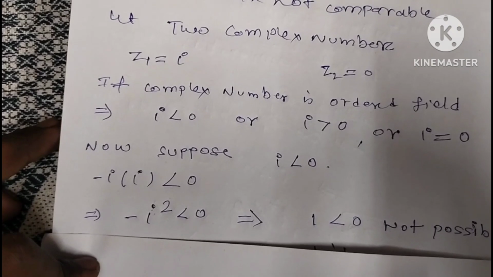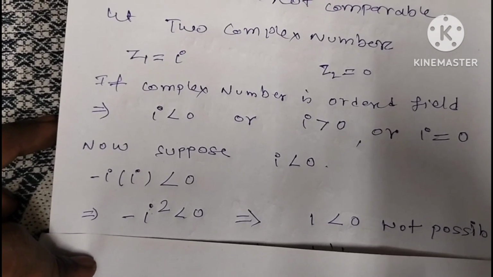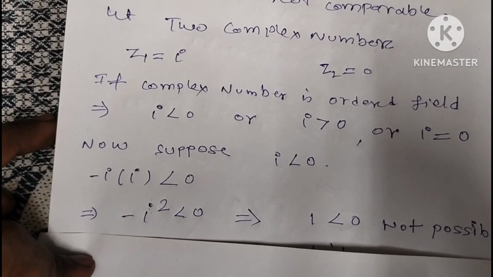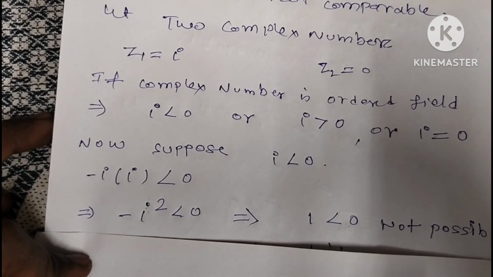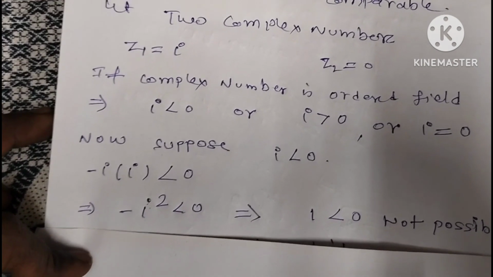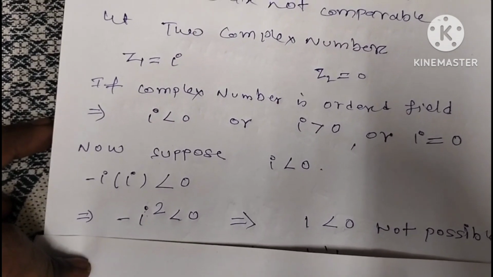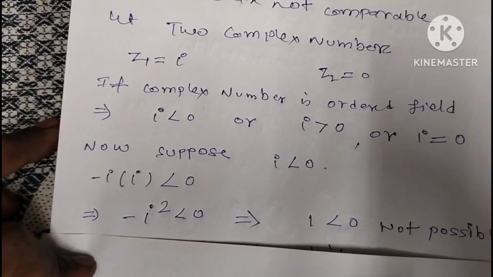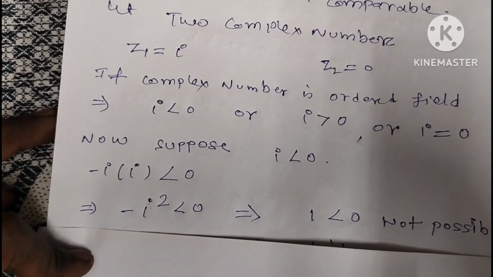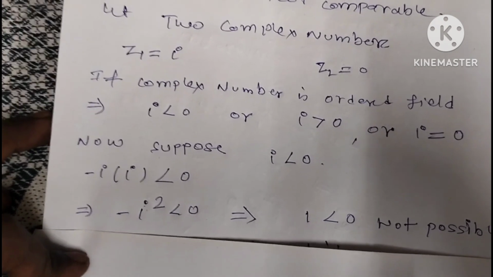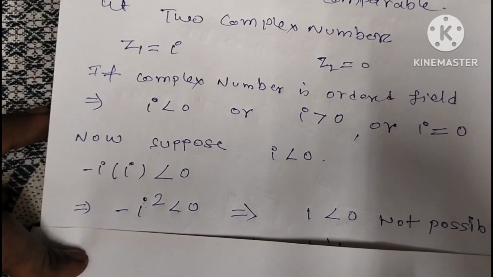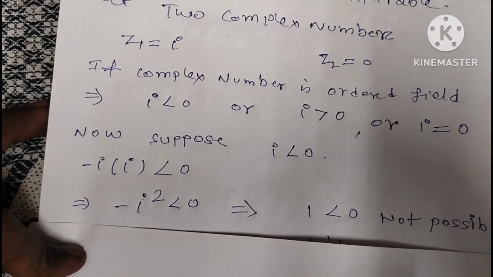Since we have considered iota is less than 0, minus iota is greater than 0, that is why the inequality is not going to be affected. Therefore minus i square is less than 0.